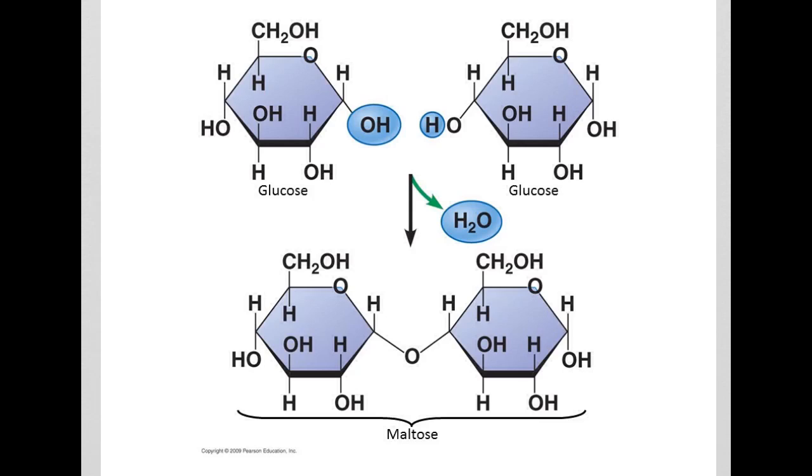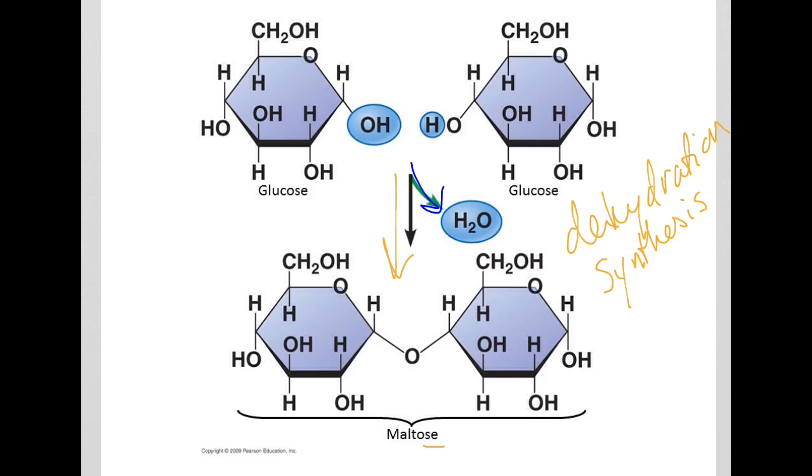And notice here that we have 2 glucose monomers linking together to form a dimer of maltose, again ending in ose. And notice here we are using that dehydration synthesis reaction. We are removing water and then bringing this bond together.